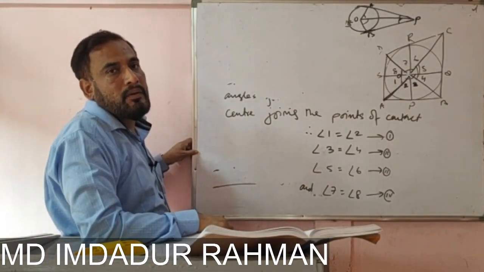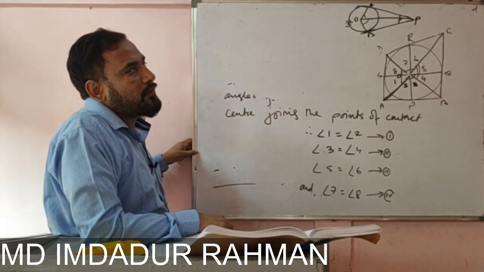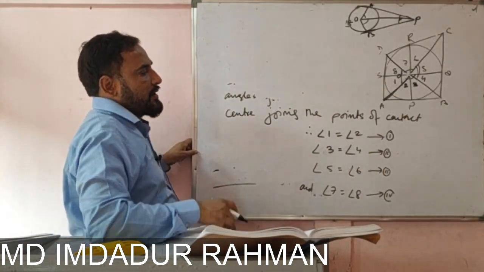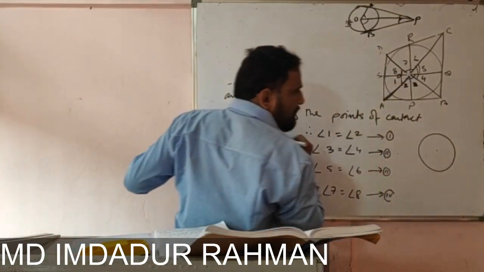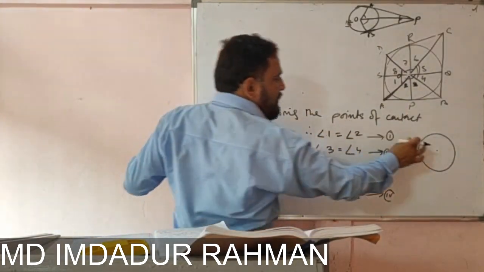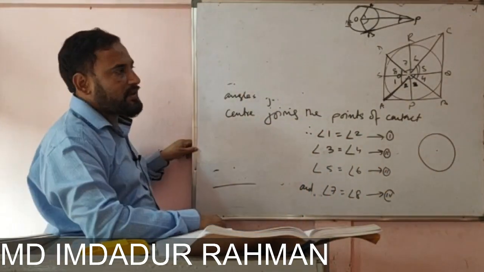You see, the sum of all these angles is what? Equal to 360 degrees. In a circle, what is the sum of the angles at the center? 360 degrees.